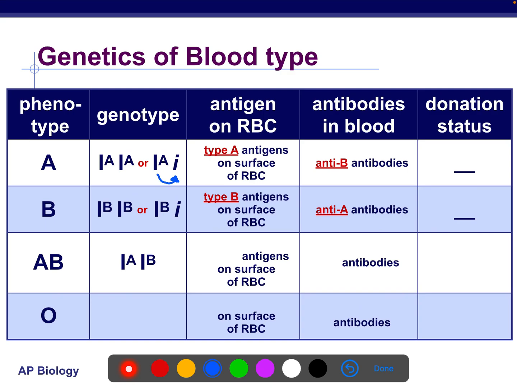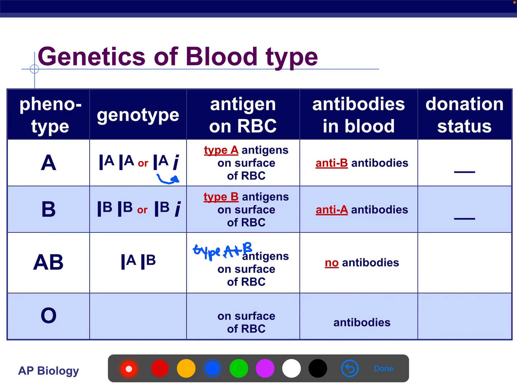So if you're capital IA, capital IB, you have both type A and B antigens on the surface of your red blood cell. And in this case, you have no antibodies in your blood. And this is going to be really important when it comes to blood donation status.